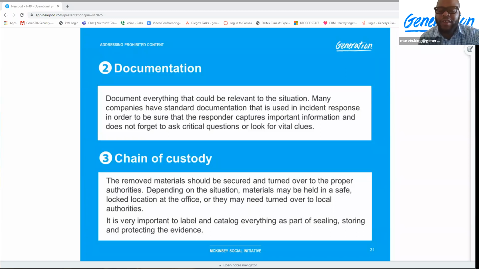Depending on the situation, materials may be held in a safe, locked location at an office, or they may need to be turned over to local authorities, depending on how egregious the issue is. It is very important to label and catalog everything as part of sealing, storing, and protecting the evidence. We just want to make sure that we can easily, concisely see where it was and where it went and who touched it.